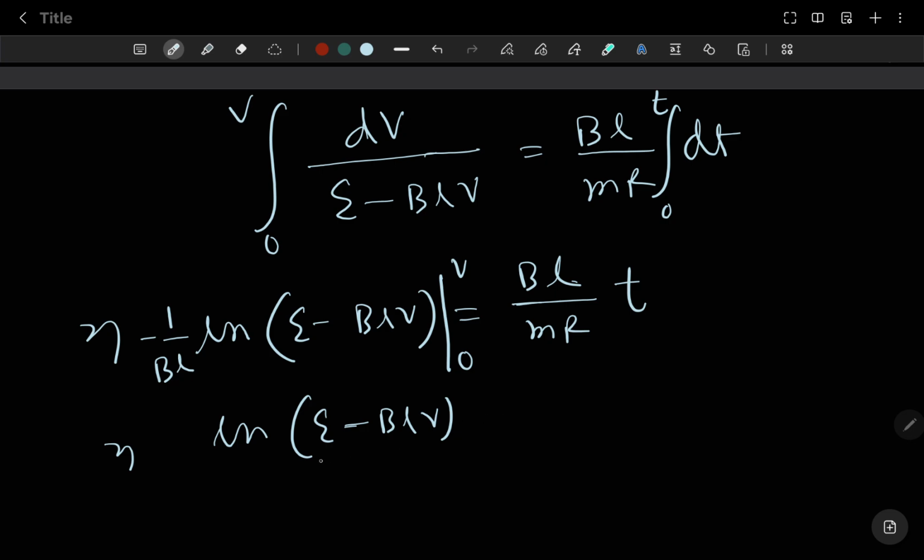So ln A minus ln B is ln A by B. It is minus B square L square by MR into T.